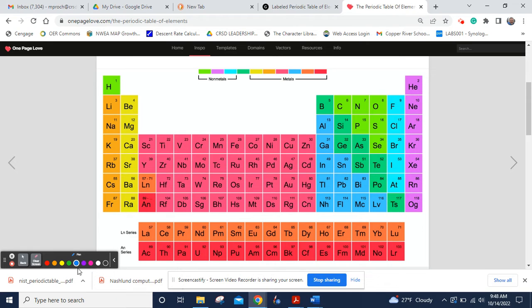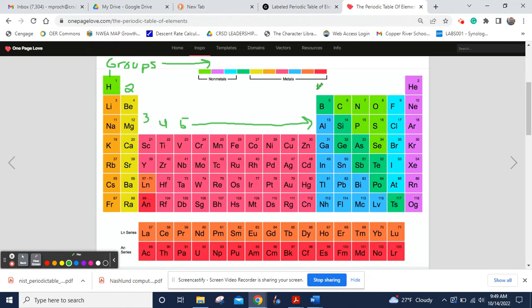So let's see, let's go with green. We can just remember that if we look, they have 18 groups, and groups go across this way. So this is group 1, this is group 2, 3, 4, just fill them in, 5, they go all the way over.